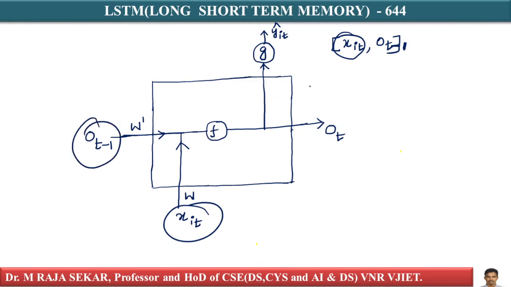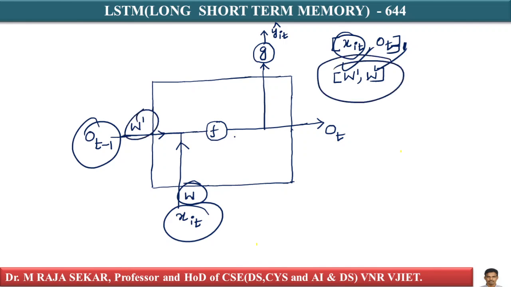Xit, Ot minus 1 is one vector. I will create a vector Xit comma Ot minus 1. I am concatenating these two vectors, and I am also concatenating the corresponding weights, this W and W dash. This vector is W dash comma W.